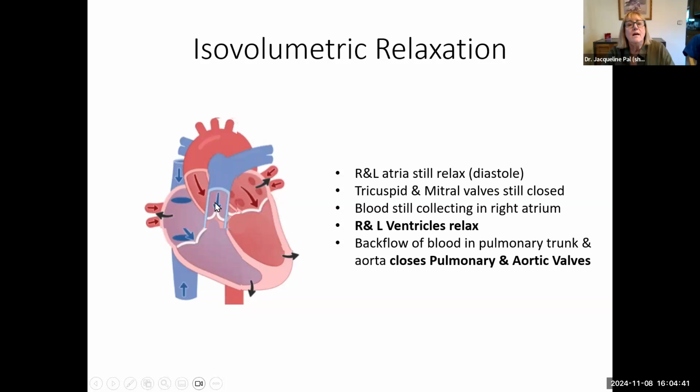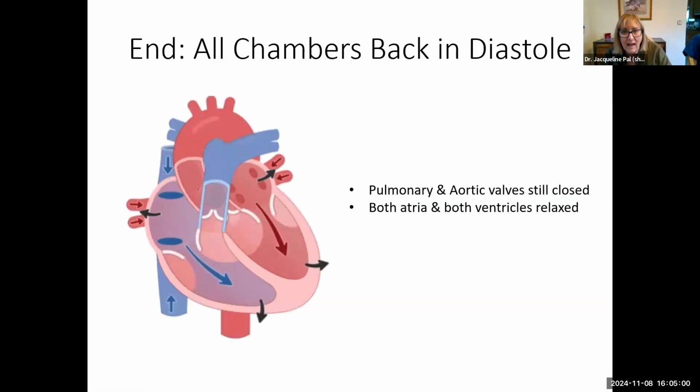Okay. Then what is going to happen is the pressure here in the ventricles is low. But what has happened to the pressure in the atria? Well, the atria have filled up with blood, right? So that pressure is high. Okay.